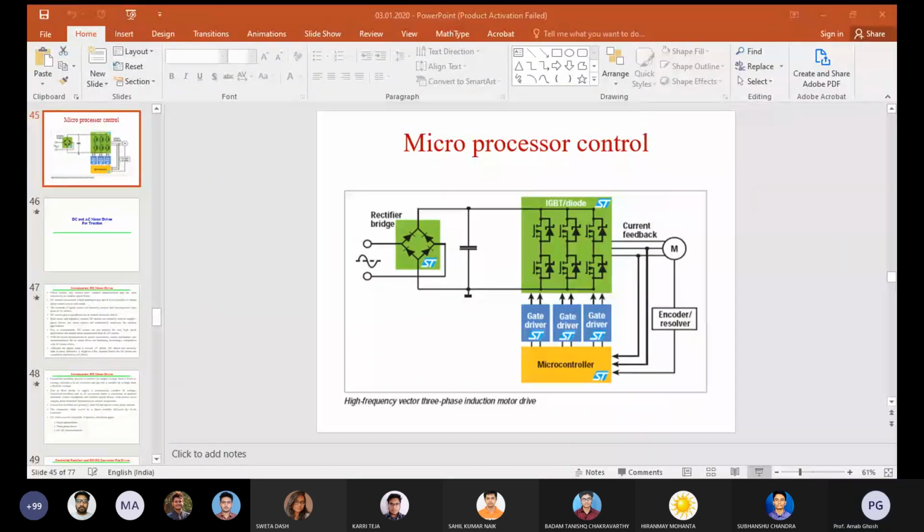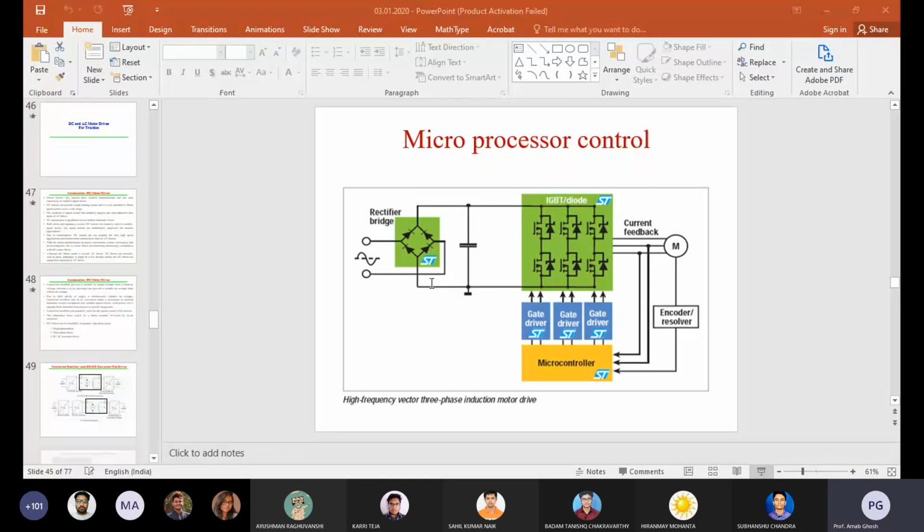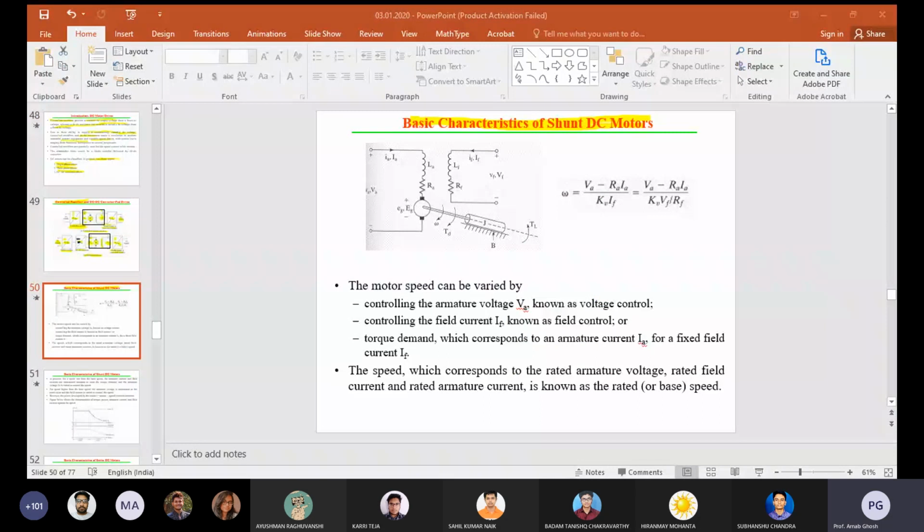Hello. Sir, your slide is still at microprocessor control. So the slide is not changing. No, sir. Okay, just for a moment, I'm sharing the slide again. That's the problem if we join through that browser.